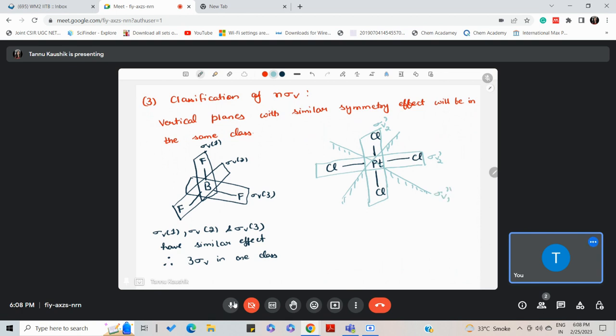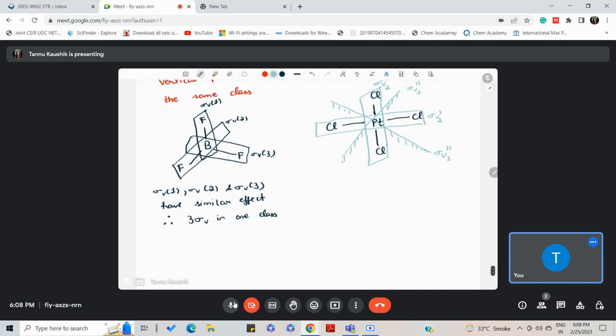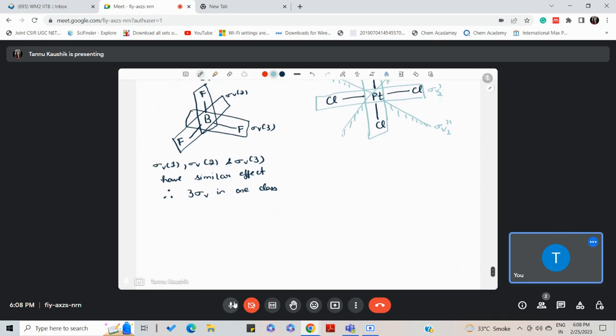This is sigma v double prime one, sigma v double prime two. So basically, these sigma v double prime are dihedral planes because they are cutting the angle between two C2 axis of rotation. So here we will have two sigma v planes, which are sigma v primes, in one class, and two sigma d, which I have mentioned as sigma v double prime, in one class.